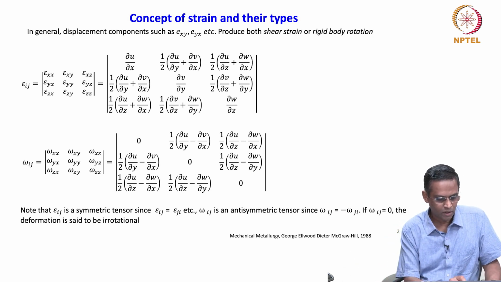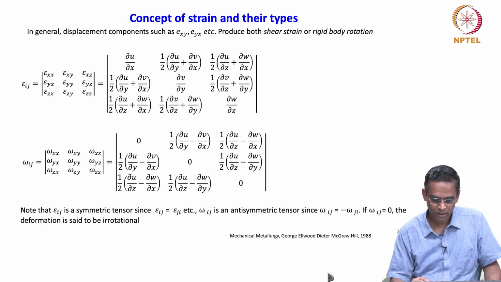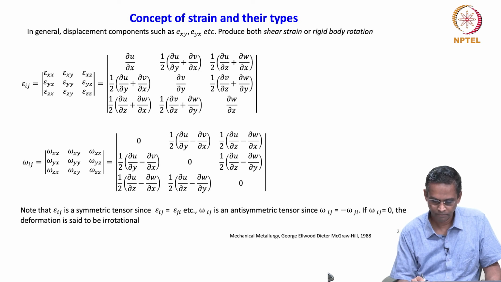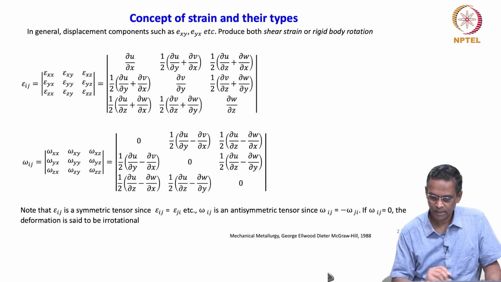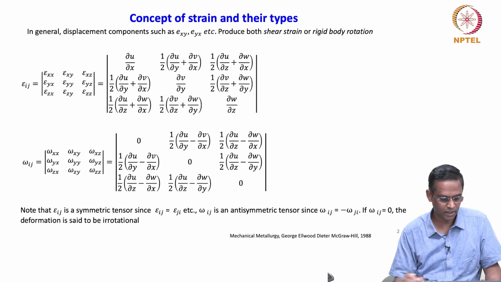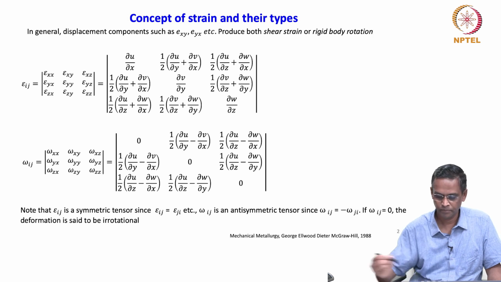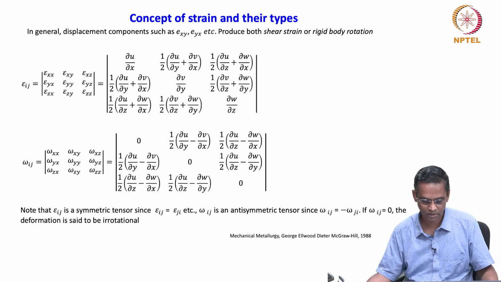Note that epsilon ij is a symmetric tensor, since epsilon ij is equal to epsilon ji, etc., while omega ij is an anti-symmetric tensor. Please note that omega ij is equal to minus omega ji. If omega ij is equal to 0, then the deformation is said to be irrotational. So very useful terminologies and relations, right?